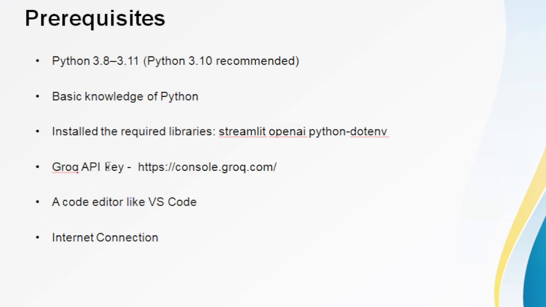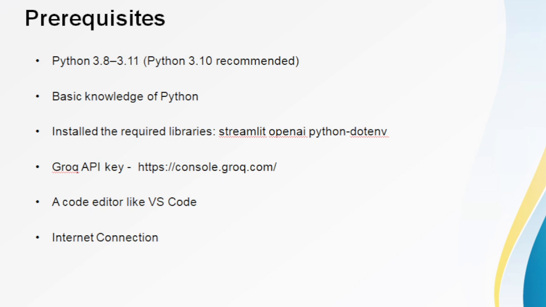And then you should have a Groq API key beforehand, before implementing this project. Using this API key, we will connect with the Llama model. And you can have VS Code and a proper internet connection.